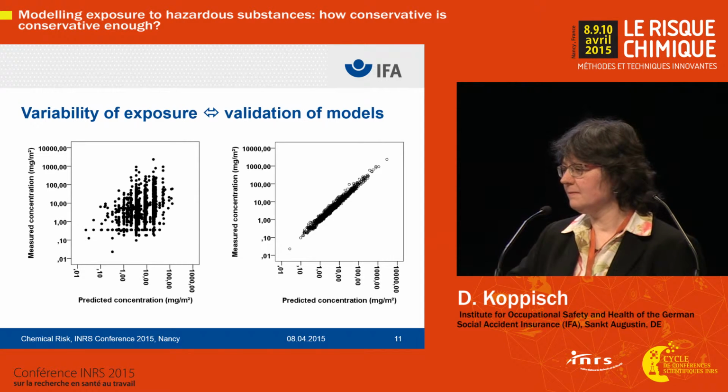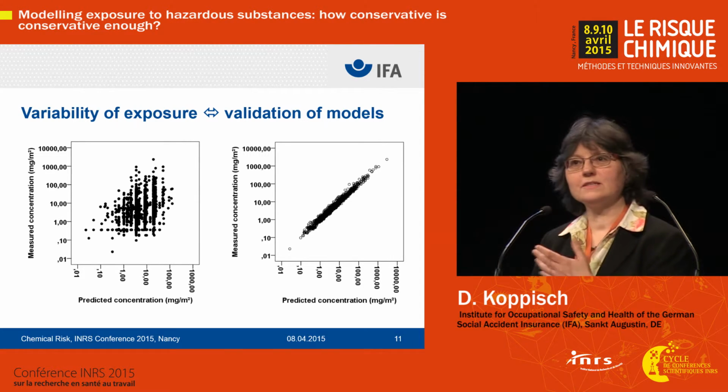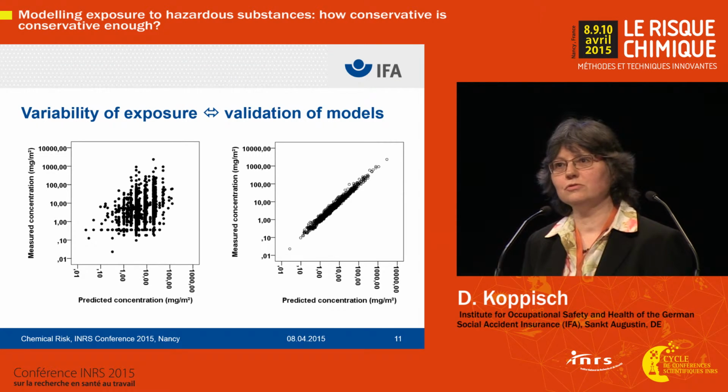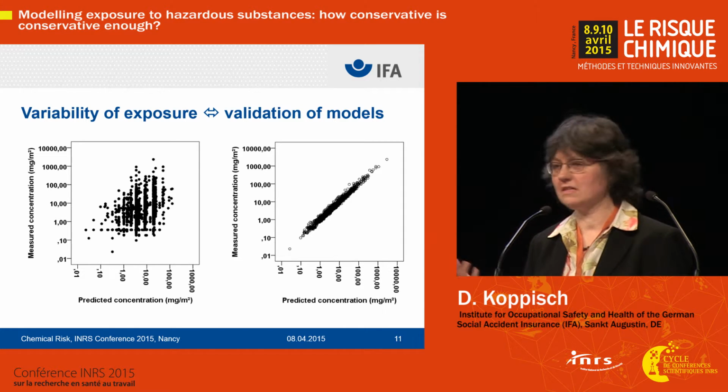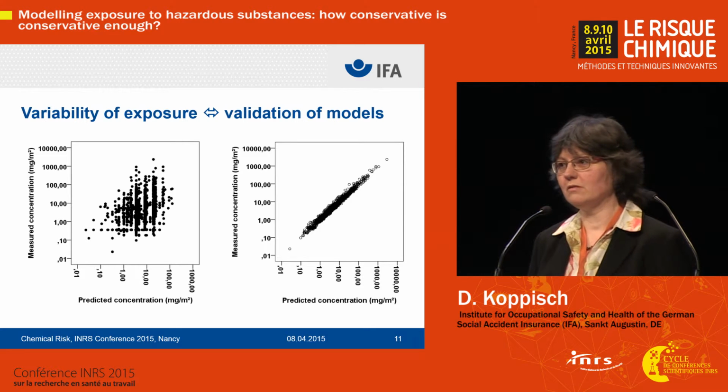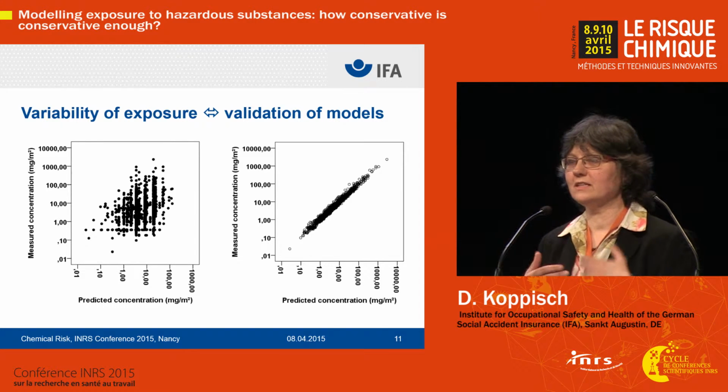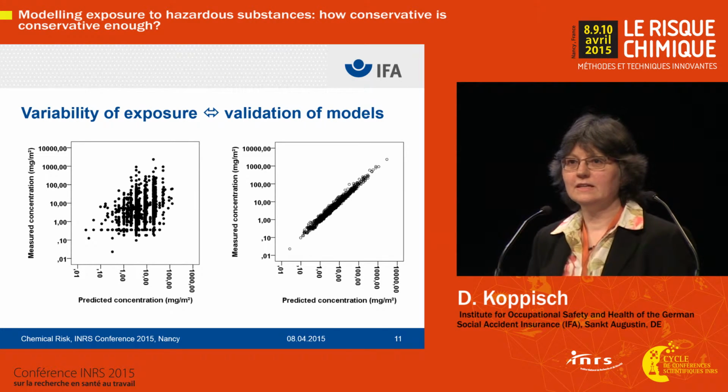So the left one is the same figure I showed you on the last slide, and on the right side you see another example. Perhaps before my presentation you would have said, the model on the right side, that's really a good model because I have a good correlation and I don't have high variability.